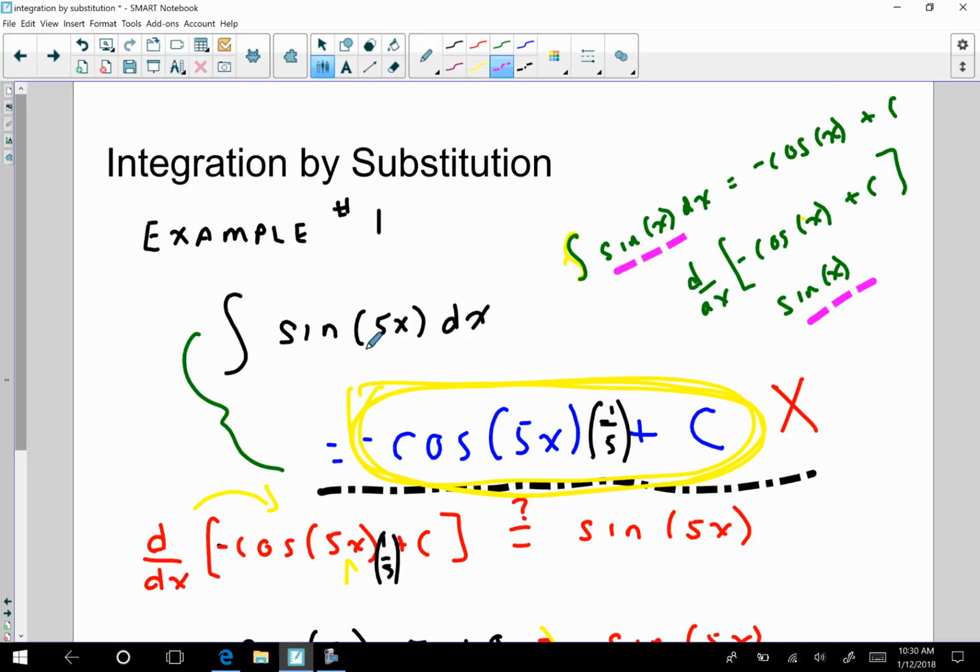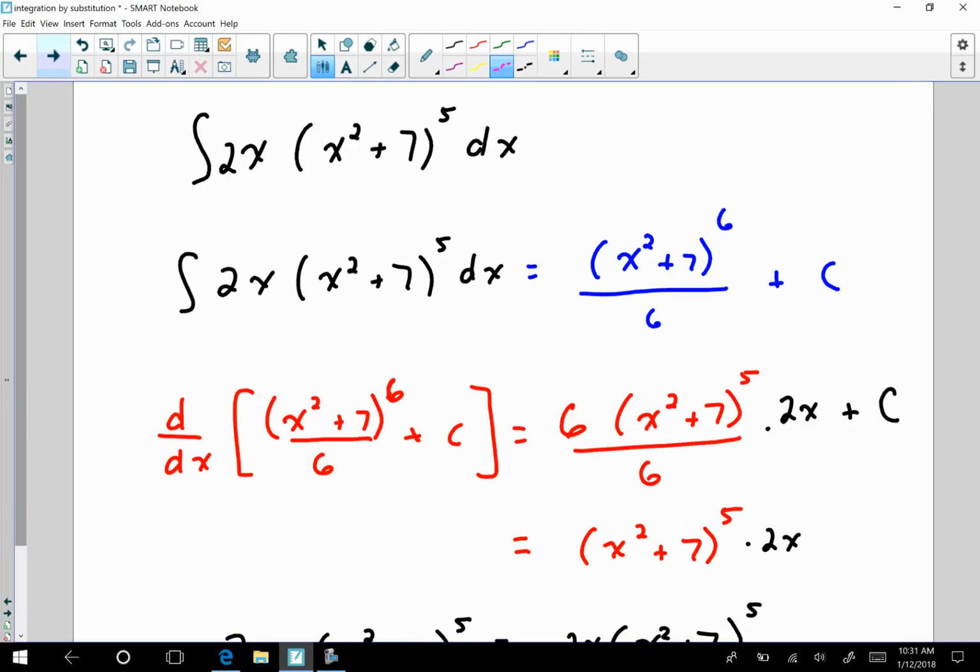I'm anti-differentiating something where the inside is not x. Anti-differentiation by substitution is similar to the inverse of using the chain rule to differentiate a composite function.